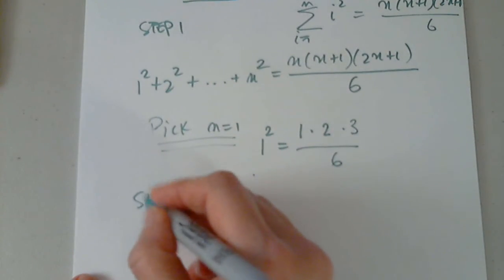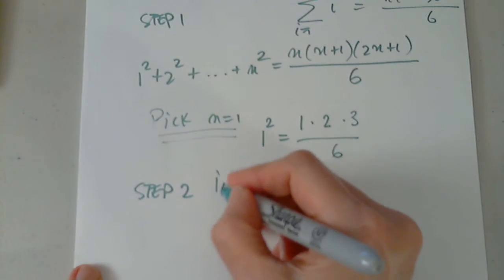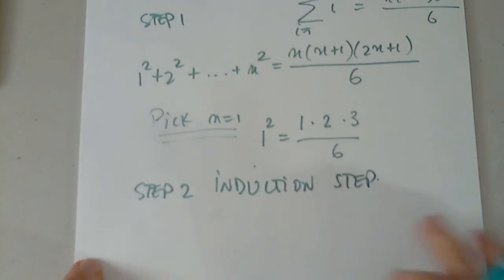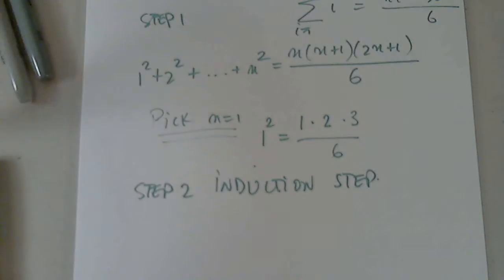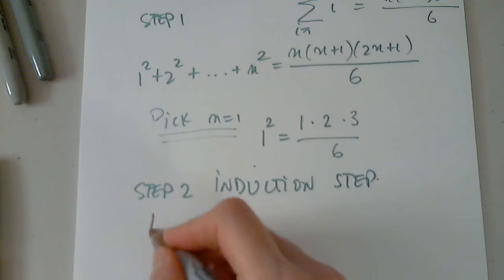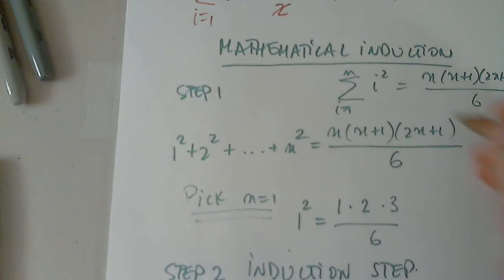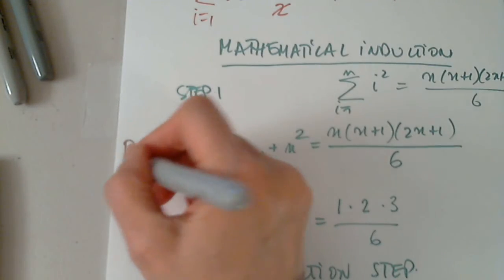Here's the second step. Step 2 is what is called the induction step. And here's how we proceed for the induction step. Assume, we're going to denote this statement with a colon, Pn.